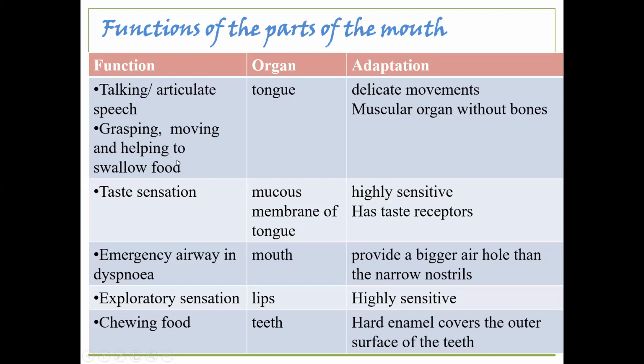For this function, it has very fine adaptations. What are those? The tongue has very delicate movements, and it is a muscular organ without bones. What is the importance of being an organ without bones? The tongue can move and bend in any direction without being obstructed. So it has very delicate movements.